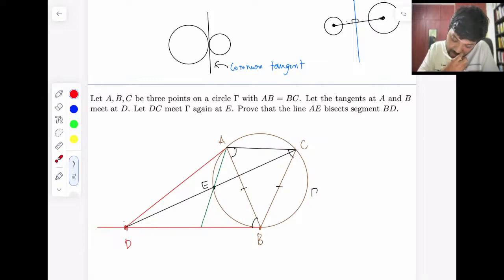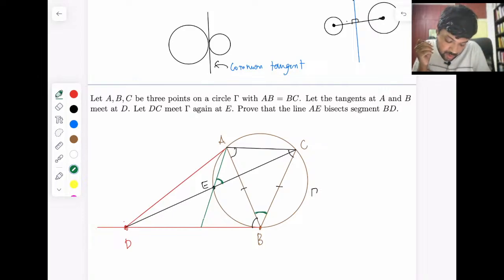Let's see, how can we say DE is equal to EC though? I think we have to use, okay, so let's see, what do we know? We know that this angle here is equal to this angle. Angles in the same segment are equal.